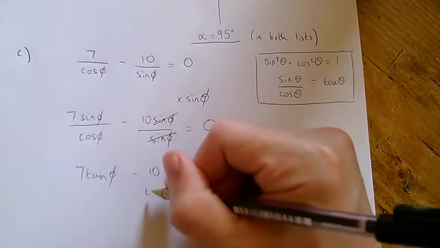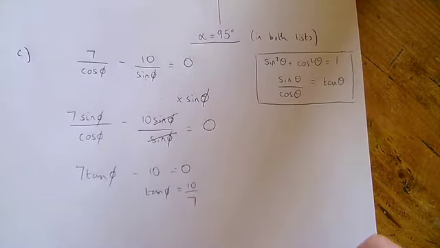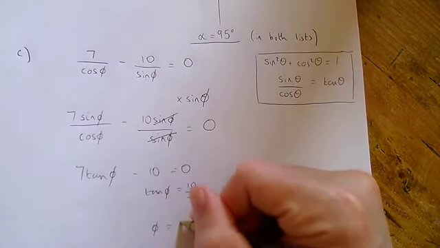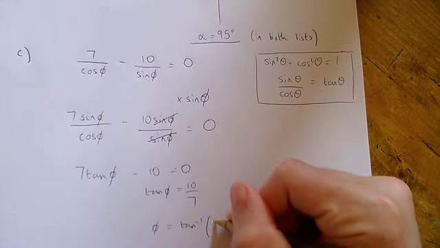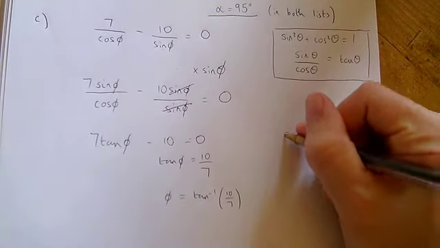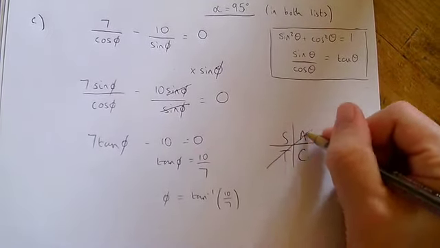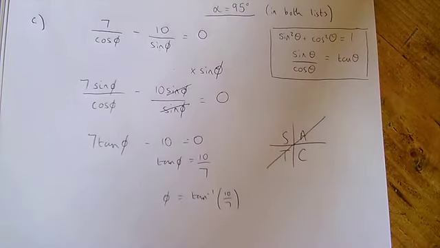Then it should just be a case of solving this equation. So we get tan phi equal to 10 divided by 7, so phi would be equal to tan to the minus 1 of 10 over 7, and then using all silly tomcats, or knowing that the tan graph repeats every 180, you'll find your solutions.